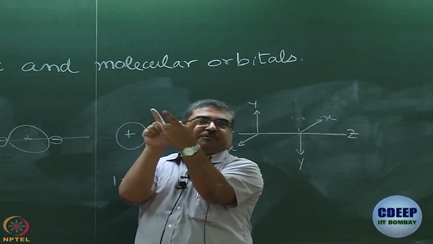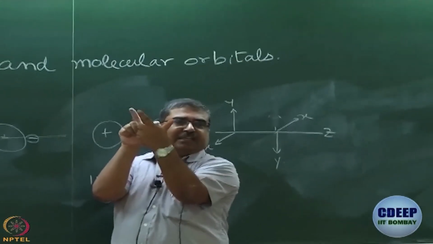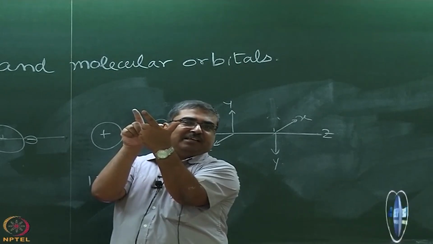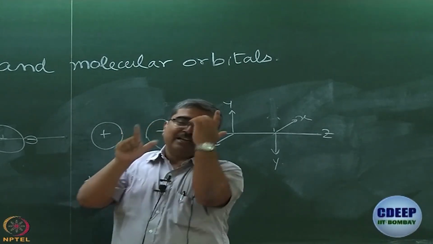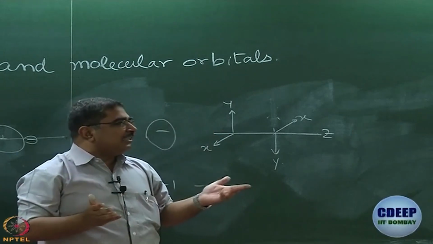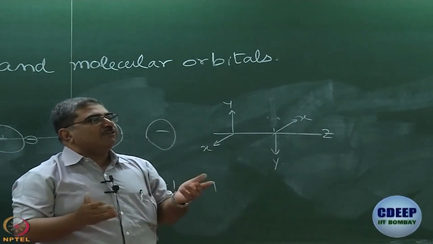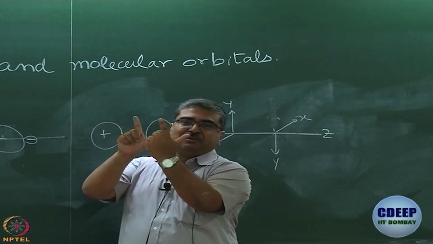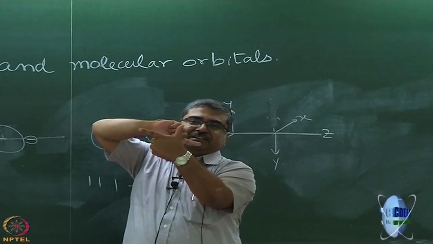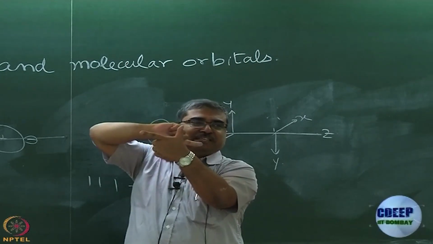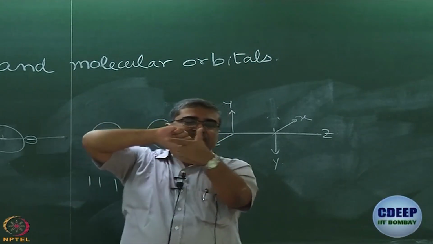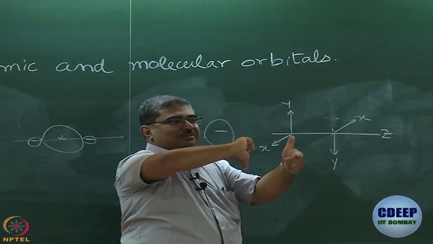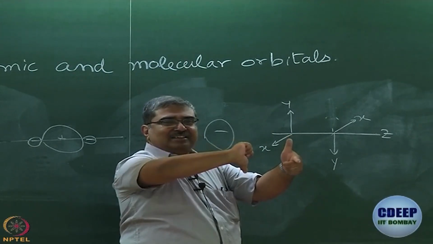So, if I do a rotation with respect to C infinity, what happens? These transformed coordinates cannot be written in terms of only px or only py. The transformed coordinates have to be written as a linear sum of px and py, there is no other way. That is why they jointly form the basis for a 2D representation. Now, this is a situation that we have done already. What I am asking you to do is this 2D representation, work out where it will belong. One thing you can tell me right away, is it G or is it U? It is G, isn't it?